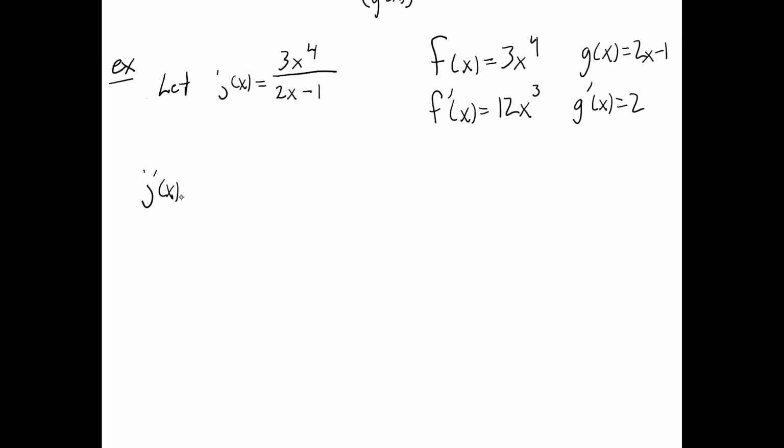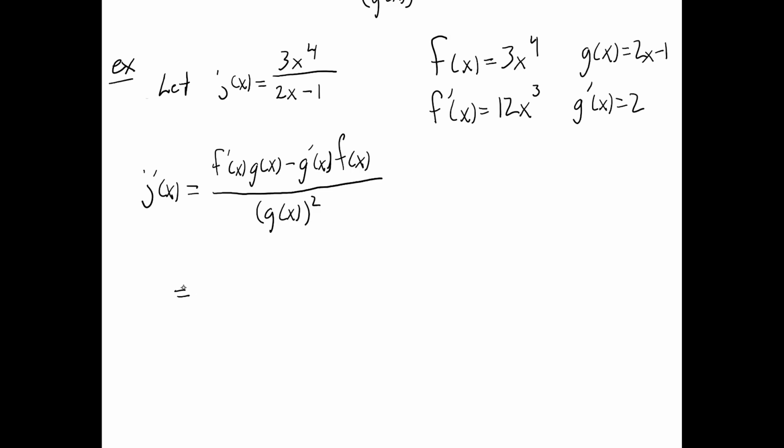So j prime of x is equal to f prime of x times g of x minus g prime of x times f of x, all over g of x squared. So we just substitute in what we know. f prime of x is 12x to the third. g of x is 2x minus 1.